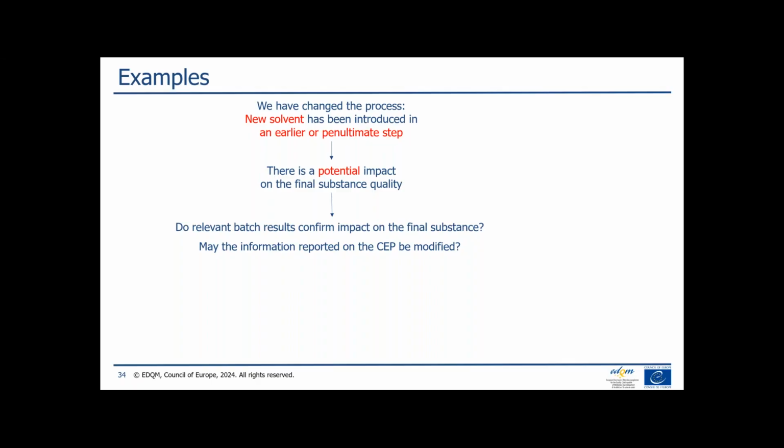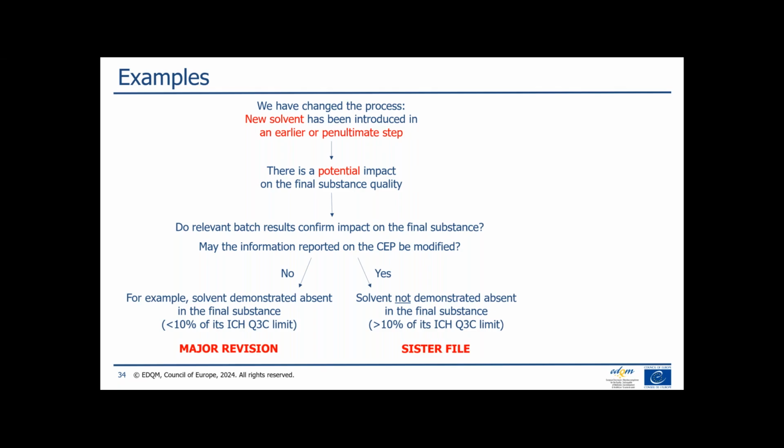Will this introduce any changes on the CEP? Will this impact the final substance specification? If not, we can go for a major revision. If yes, however, it should be a sister file. Also, if this change is implemented in the last step, it is very clear that this should be a sister file.